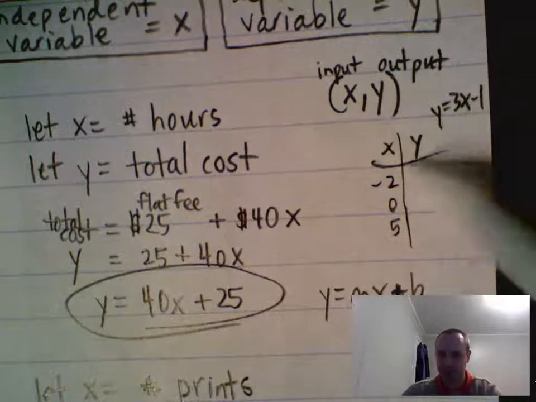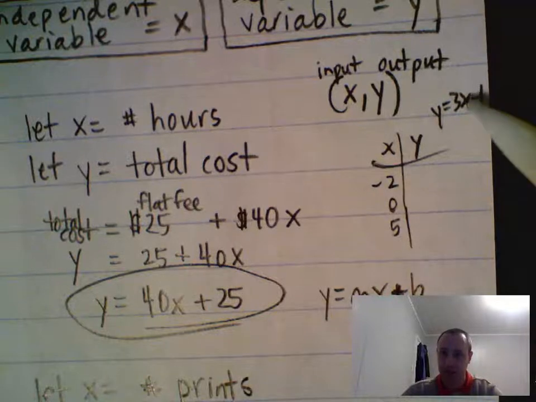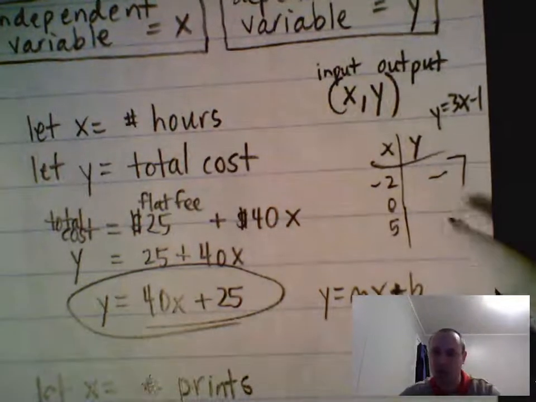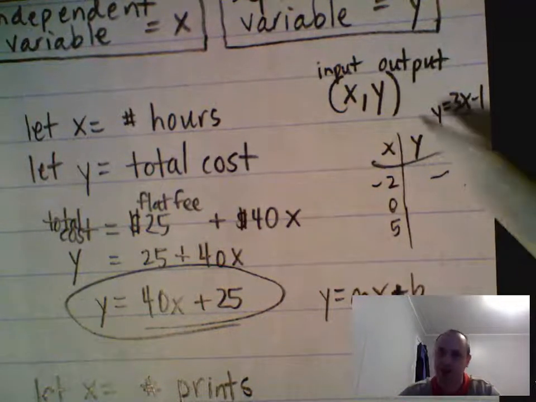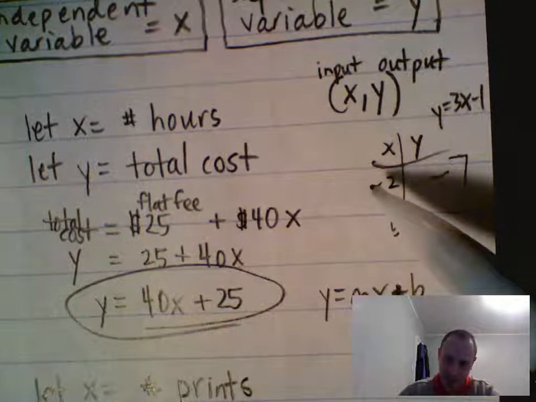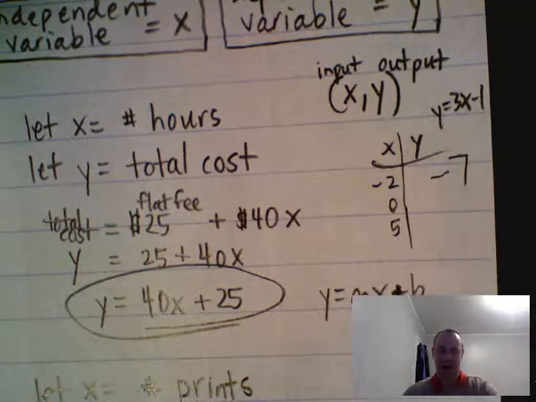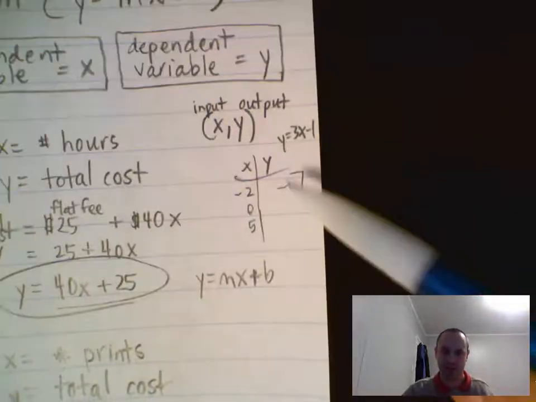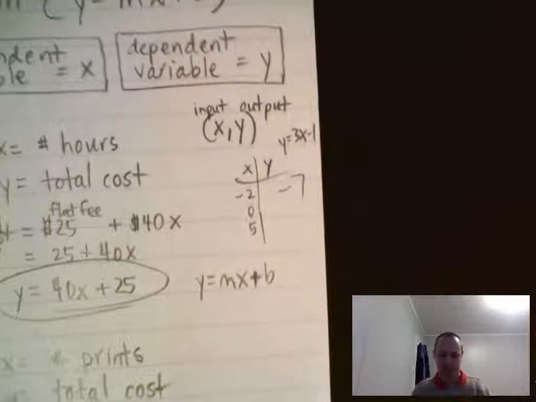So 3 times -2 would be -6 minus 1 more. So the -7 that you find here depends on what you put in. So this one is dependent upon that one. That's why the y is what we call the dependent variable. The y depends on the x, okay?